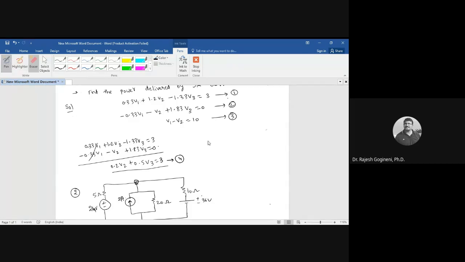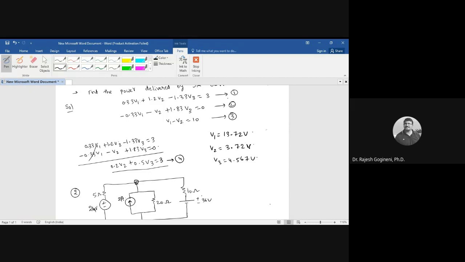To solve this one, the values are V1 is 13.72 volts, V2 is 3.72, V3 is 4.567.